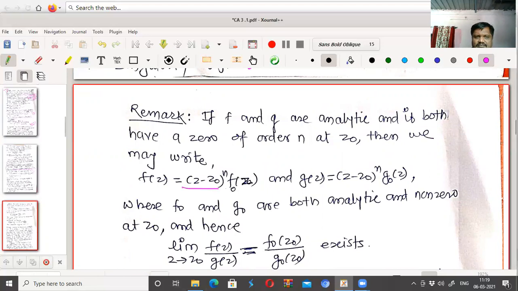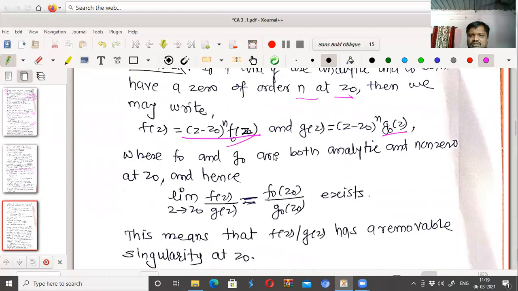If the function has a 0 of order n, it should be multiplied by z minus z0 to the power n into another function f0 of z, and g of z equal to again z minus z0 to the power n into some other function g0 of z, where f0 and g0 are both analytic and non-zero at z0.